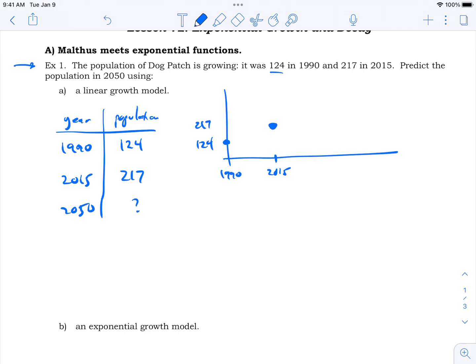If we keep going as a straight line, and this is what we mean by linear growth, we join those 2 points with a straight line and expect it to keep going that way. Where will it be in the year 2050? That's 35 years later to get from here to here. So this was 25, now we have to go 35.